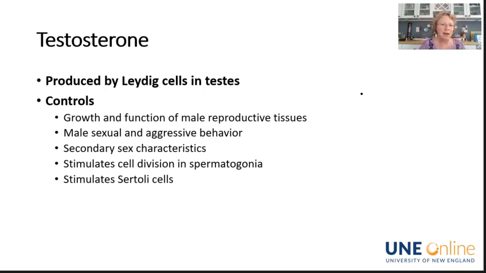It helps control male sexual and somewhat aggressive behavior, secondary sex characteristic development, and it also stimulates cell division in the spermatogonia, so that's increasing the rate of sperm production, and stimulates a type of cell called Sertoli cells, and these cells are supporting the developing sperm.